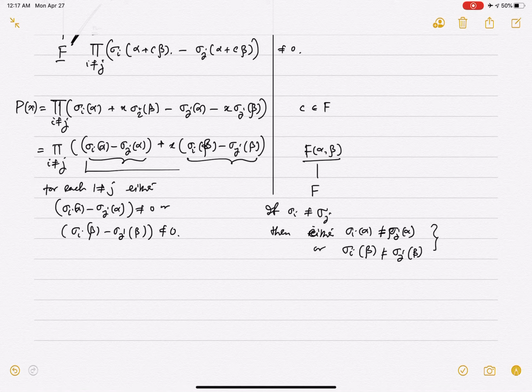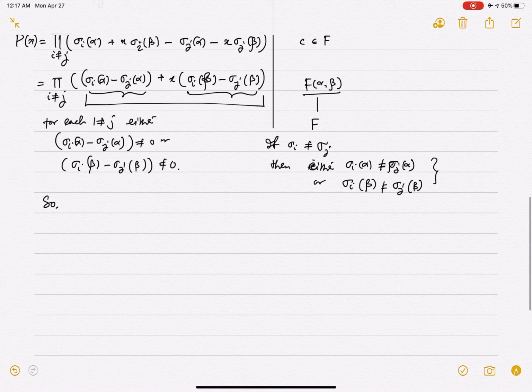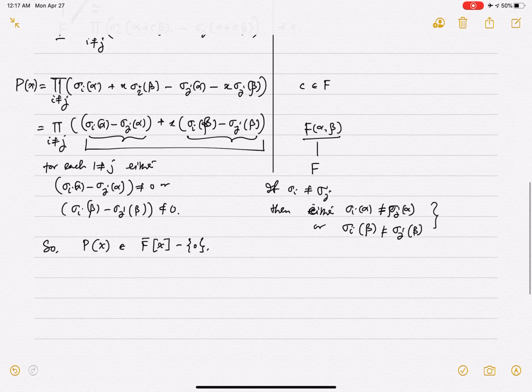Which means each of these factors of this polynomial is non-zero. Either the constant term is non-zero or the x term is non-zero, so the polynomial is non-zero. And now if you take a non-zero polynomial, it can only have finitely many roots, right? So it cannot vanish on every element of our infinite field.